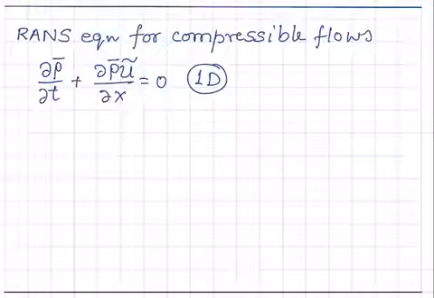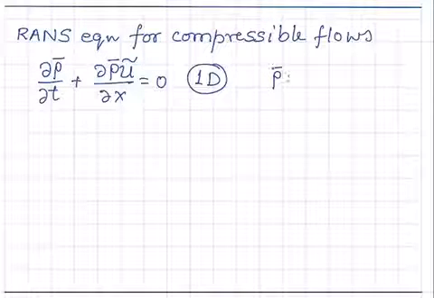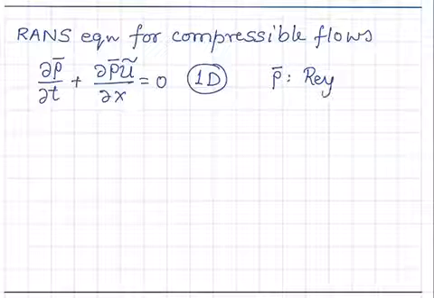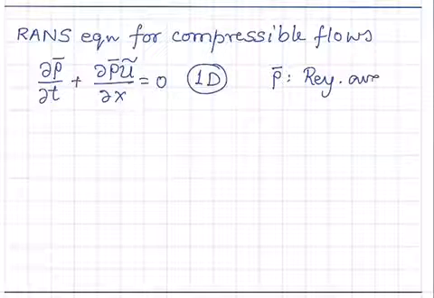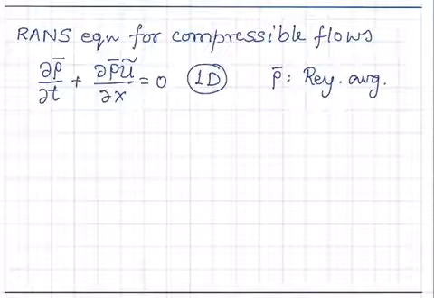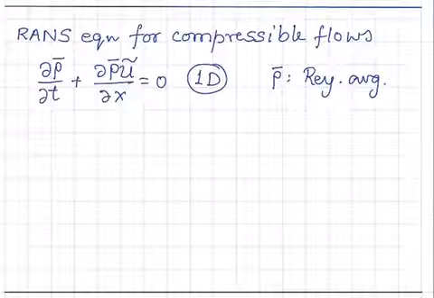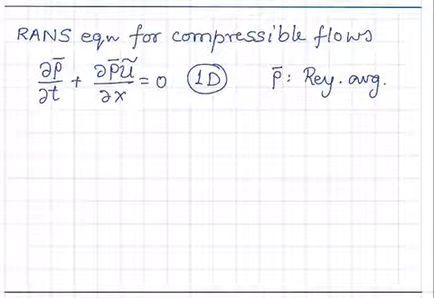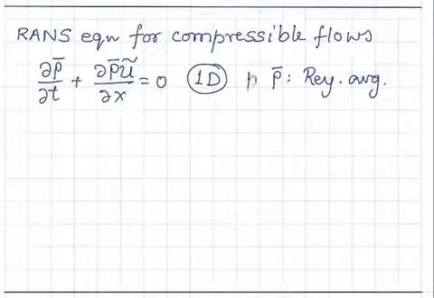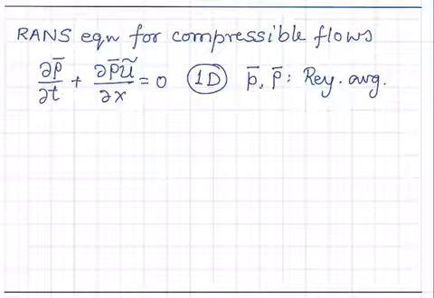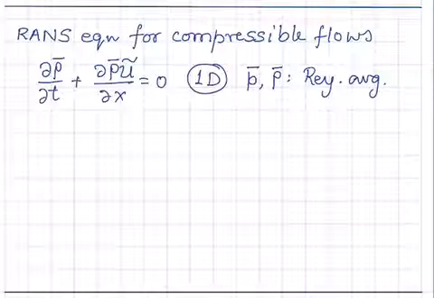So here come 2 different kinds of averaging. Rho bar is Reynolds averaging, which is the traditional kind of averaging, and it is represented by a bar on top of any quantity. We will see that pressure also has a Reynolds averaged form.